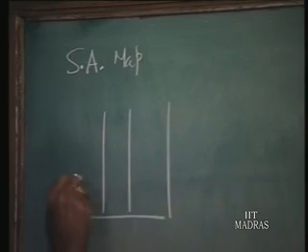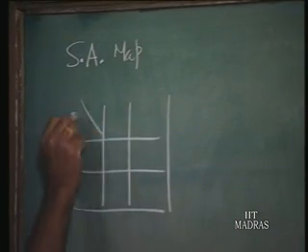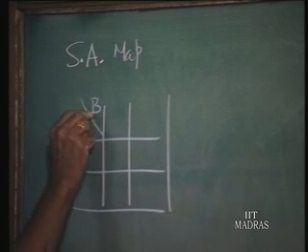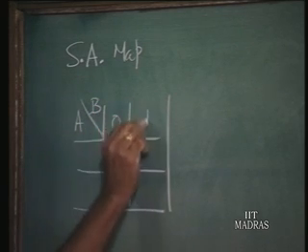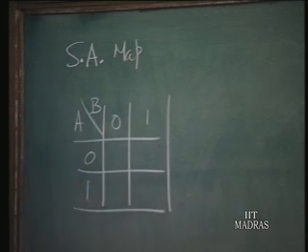We had the Karnaugh map with A and B, assuming values 0 and 1.